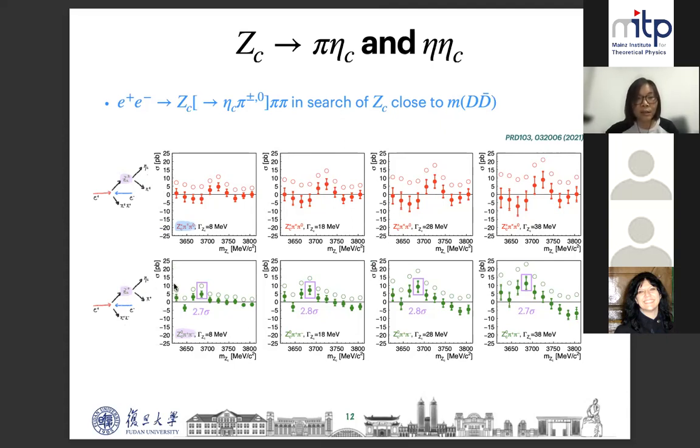The cross-section as well as the upper limit of the production cross-section in different assumed masses and total widths are given in this plot. There is no evidence of signal for this Zc structure decaying to D D-bar with a mass close to the D D-bar threshold, and at some masses there is some evidence, but it is not strong enough to draw any solid conclusion.